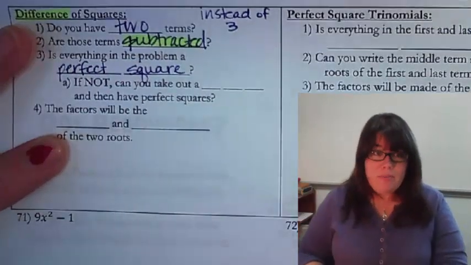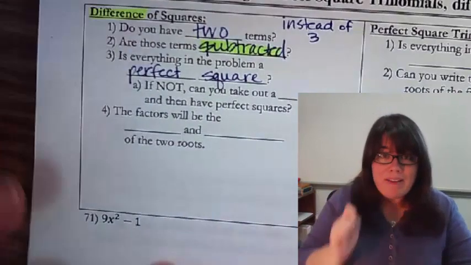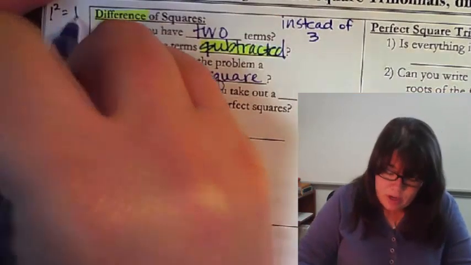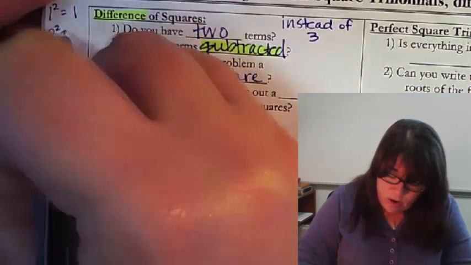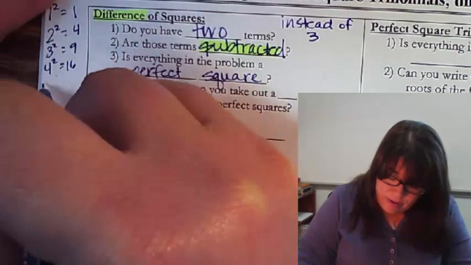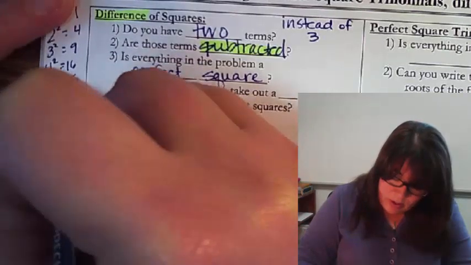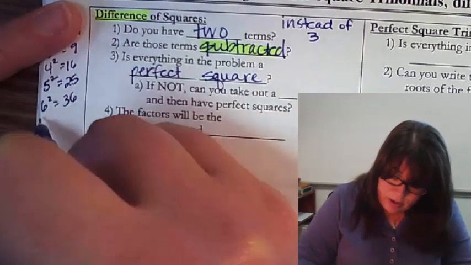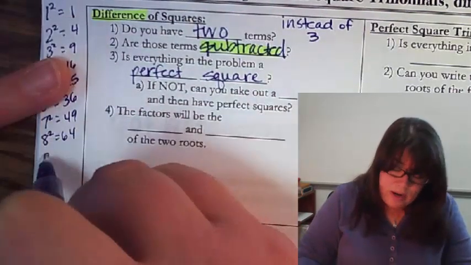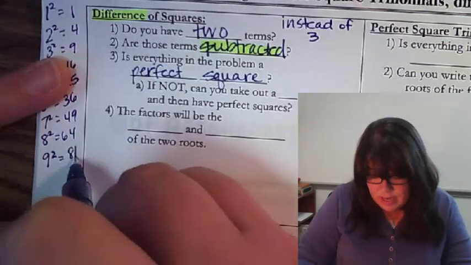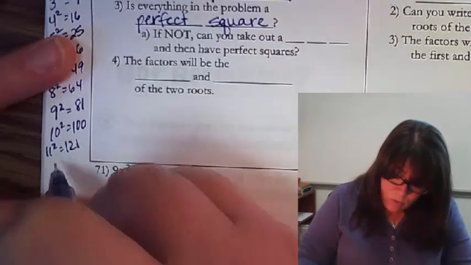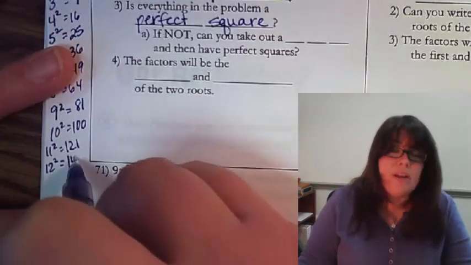Well, remember, and I'm going to write these off to the side here, you need to have these memorized. So, what are we talking about? 1 squared is 1. 2 squared is 4. 3 squared is 9. 4 squared is 16, 5 squared is 25, 6 squared is 36, 7 squared is 49, 8 squared is 64, 9 squared is 81, 10 squared is 100, 11 squared is 121, and 12 squared, last but not least, is 144.